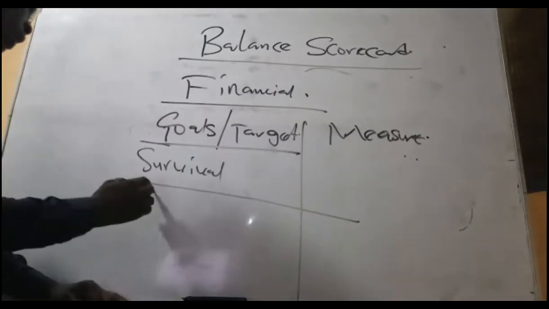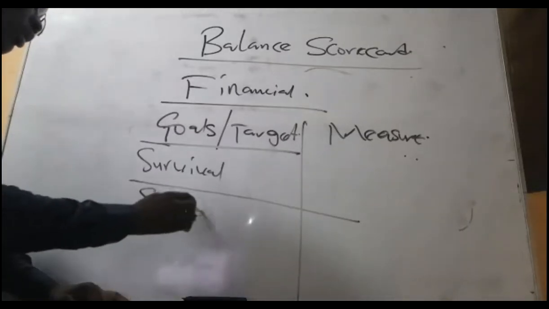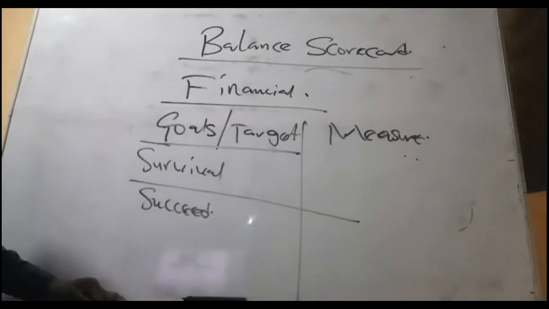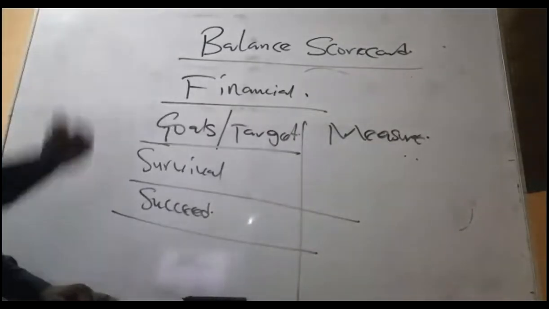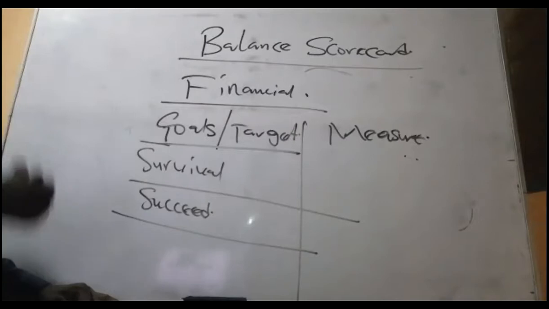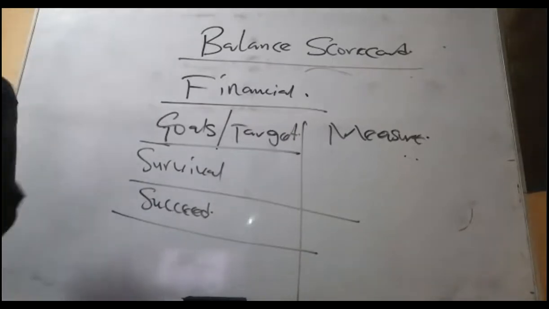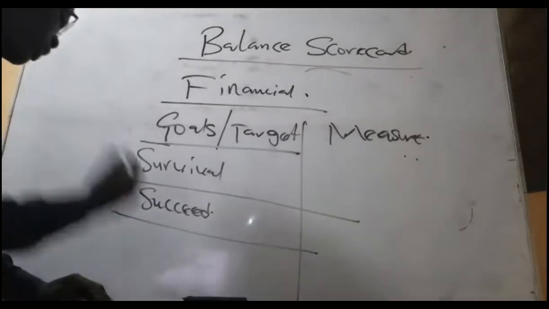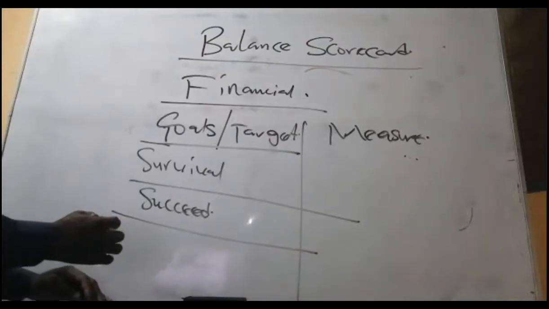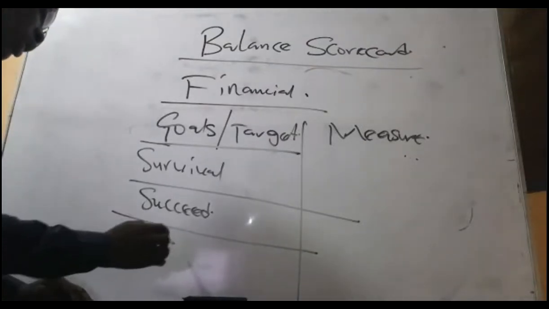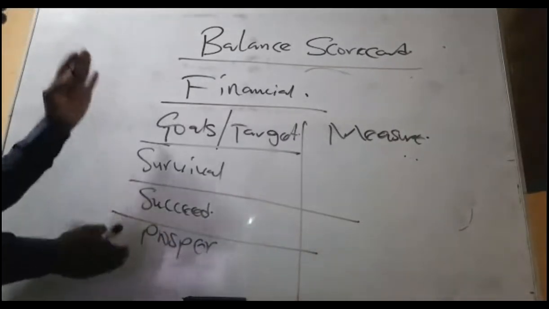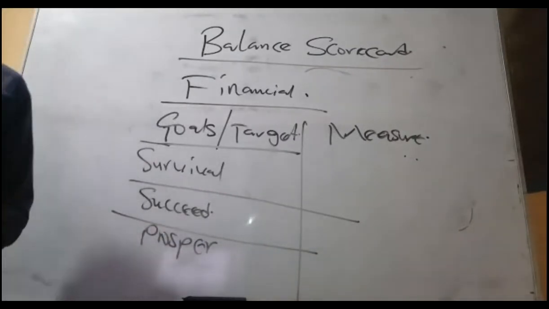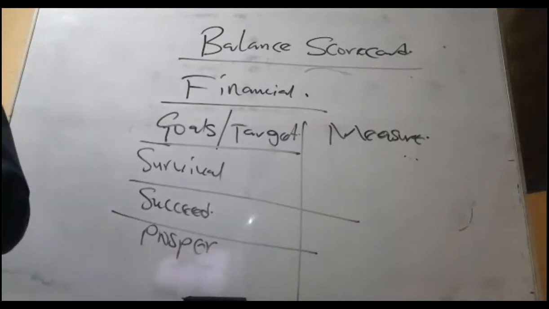Then you have to also set a goal for prosper. You have to move on, increase in the growth. We have to increase our market share, return on investment. Everything must increase. You have to prosper, making huge profit for the organization. So these ones are goals. They are targets. They are objectives that we have to set for ourselves.